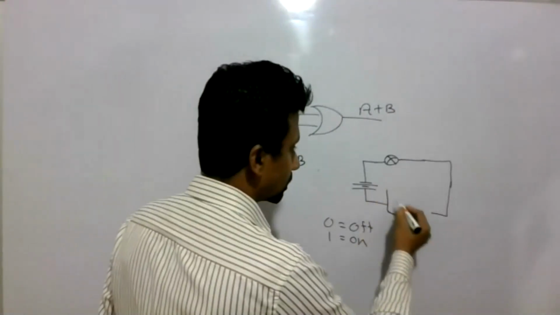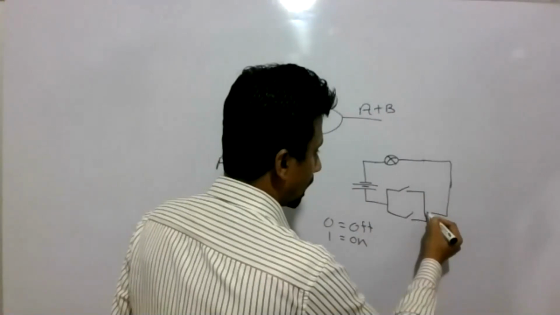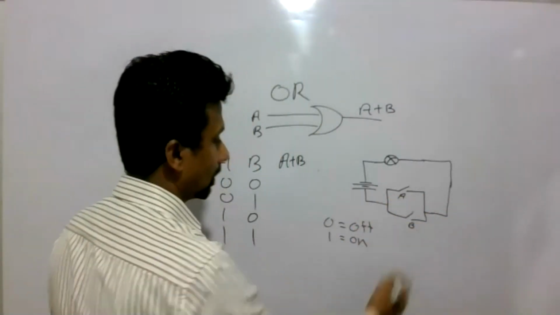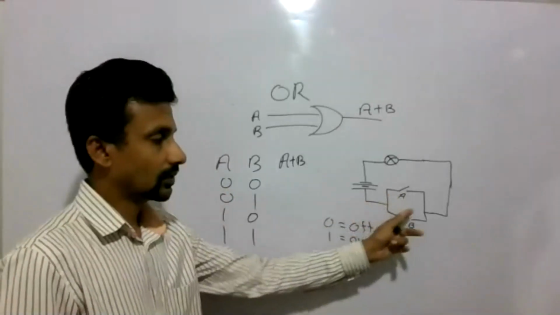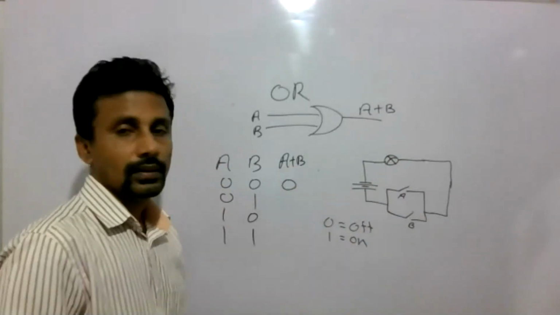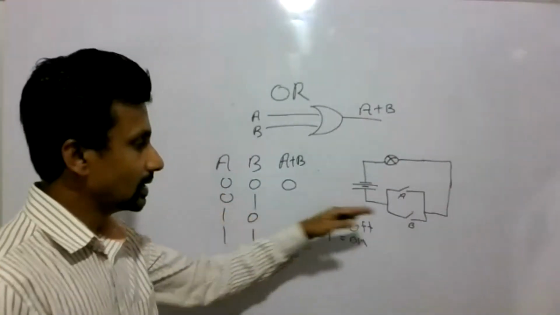Now I am changing the circuit. I am connecting the switches like this. With both switches off, current won't pass, so your bulb won't work and the output is 0. If one switch is on, say B is on, what will happen?